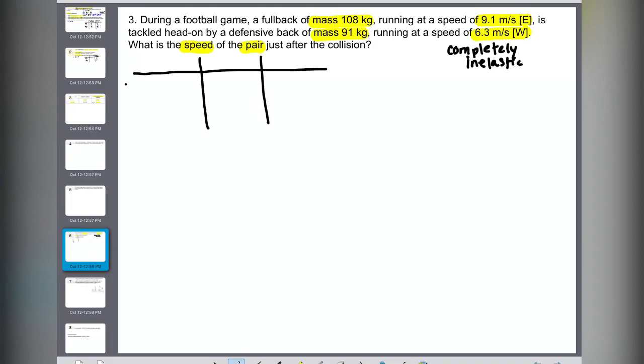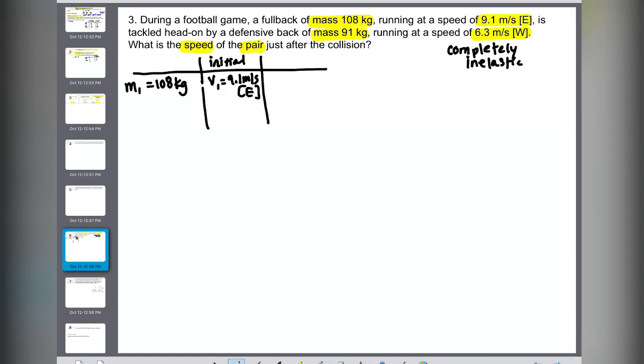Similar to how I would do any question, I would do a chart first. The first player has a mass of 108, and the initial velocity V1 is 9.1 meters per second east. The direction matters because these are vectors.